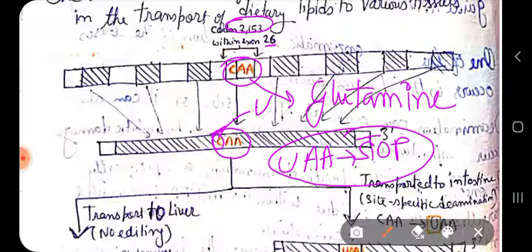Now, as a result, within the intestine, there would be a translation of a partial sequence of the mRNA that gives rise to a truncated protein, not a fully formed mature protein.